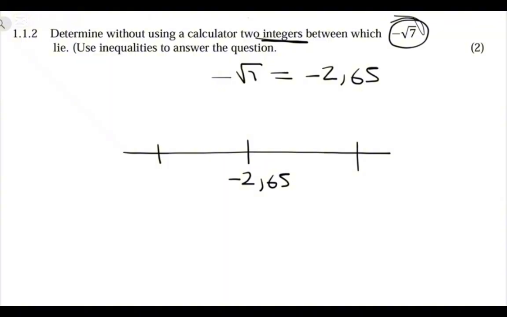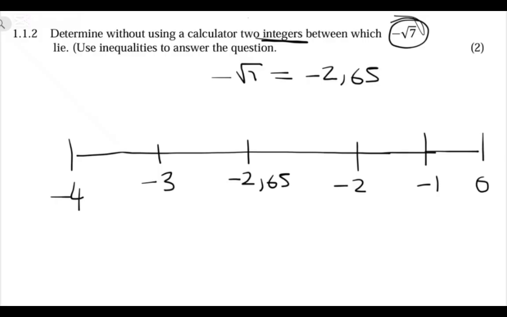So here there will be a number like negative 3, and here there will be negative 2, here negative 1 and 0, and here negative 4. Notice that I didn't use any decimals, I just used integers.